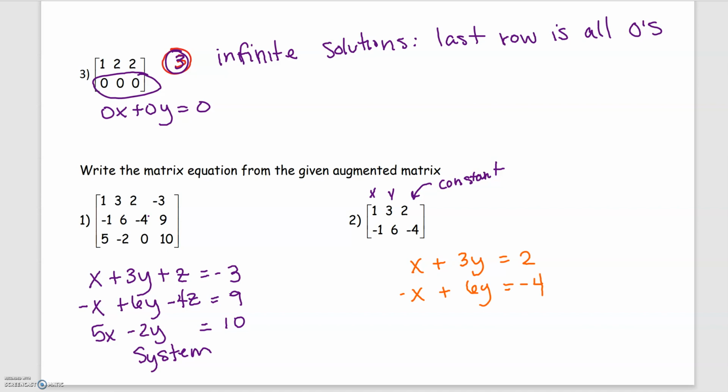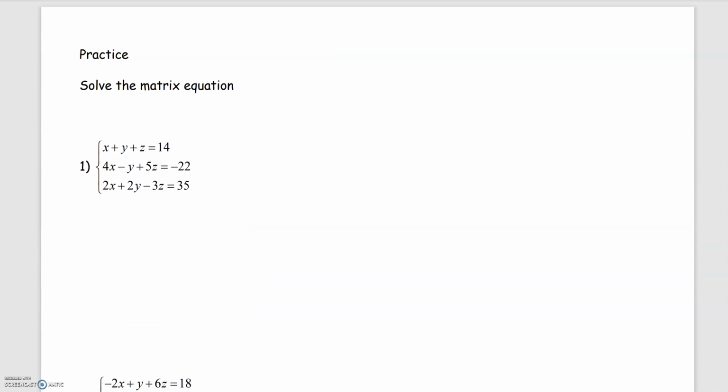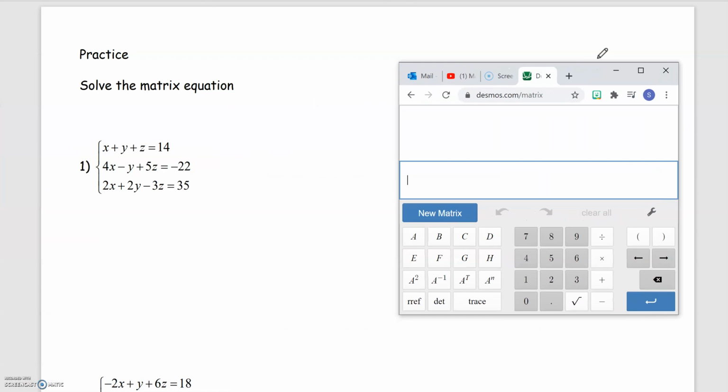So let's go ahead and practice typing these into our calculator to solve. So we're going to open up desmos.com/matrix again, and we're going to first write our matrix before we type it in.